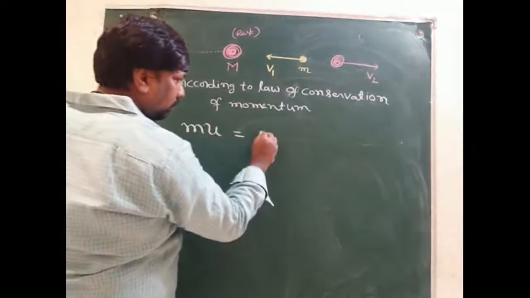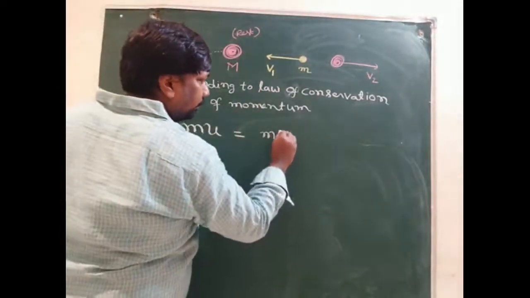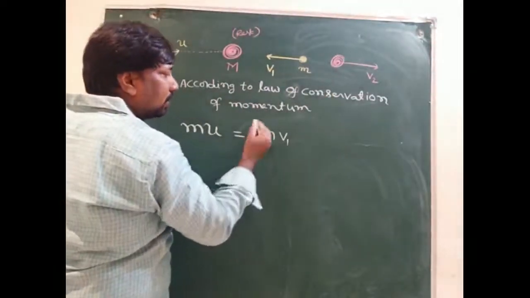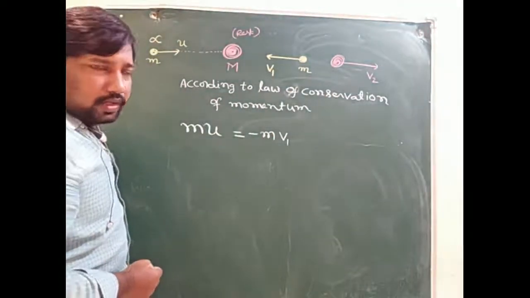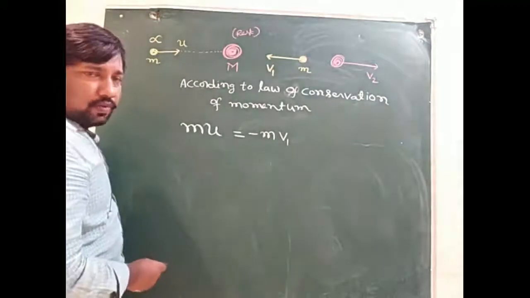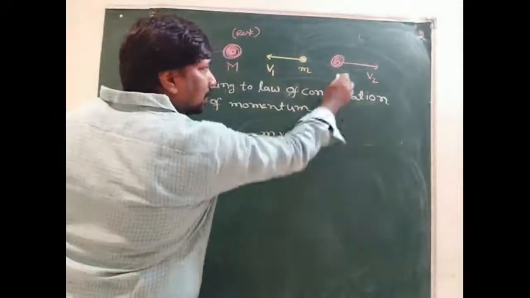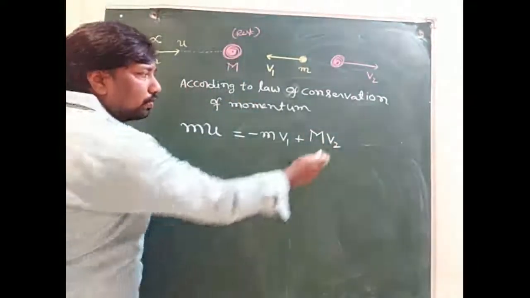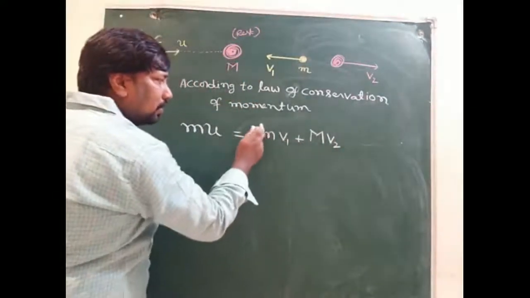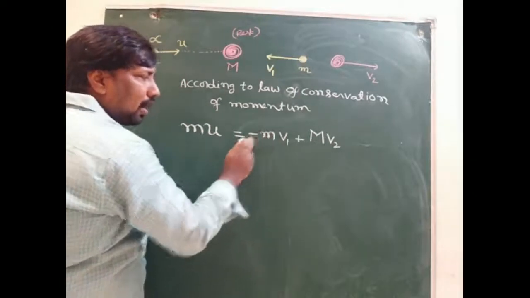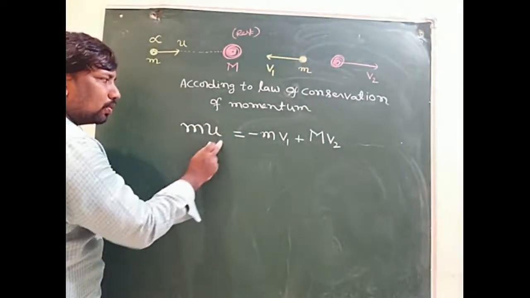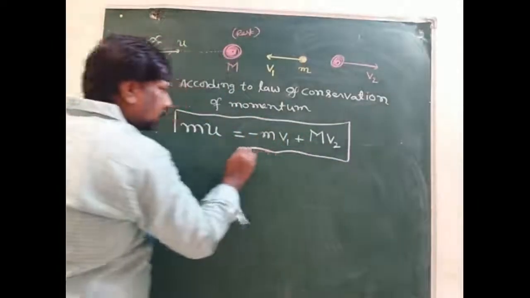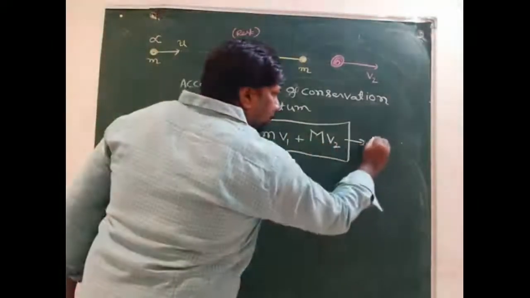So m u equals minus m v1, since the alpha particle moves in the opposite direction, plus capital M v2. This is the momentum of the nucleus, this is the final momentum of the alpha particle, and this is the initial momentum of the alpha particle. So this is equation number 1.